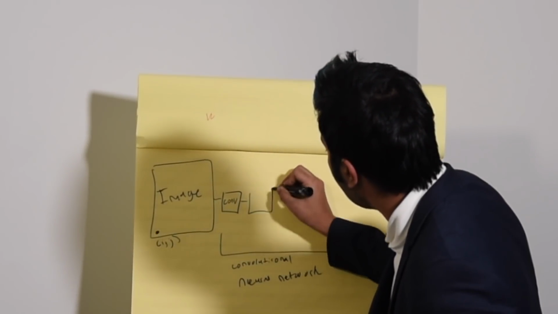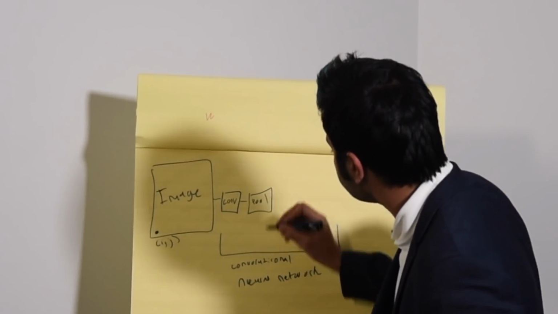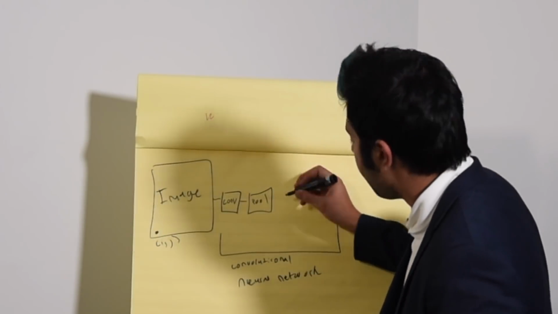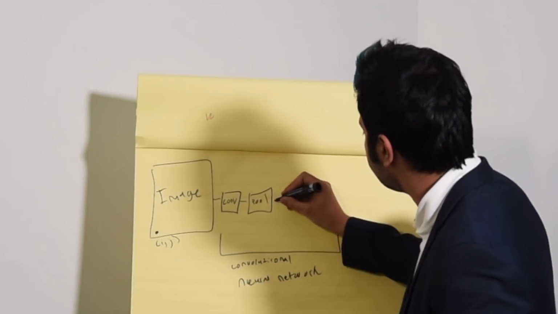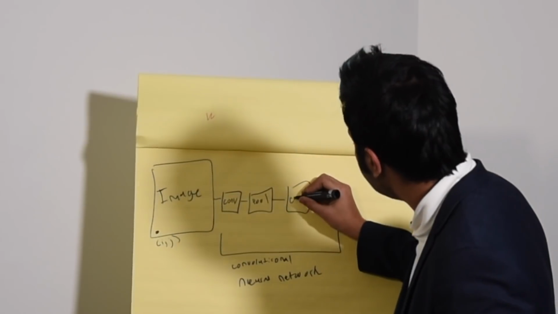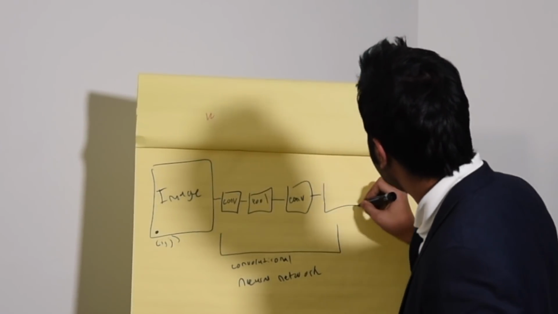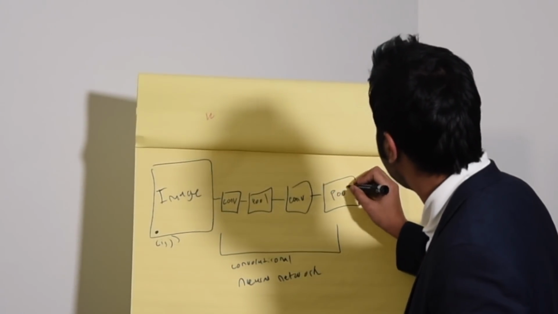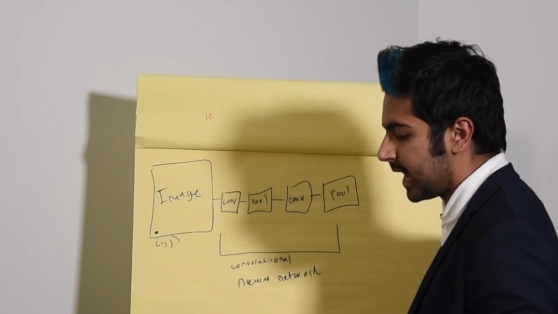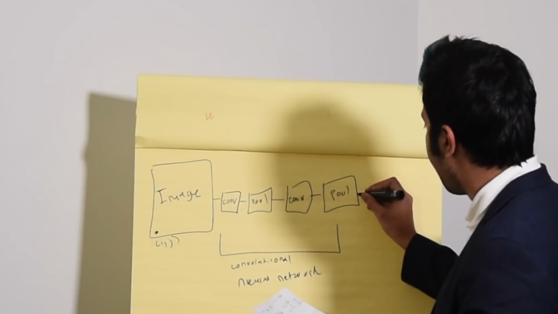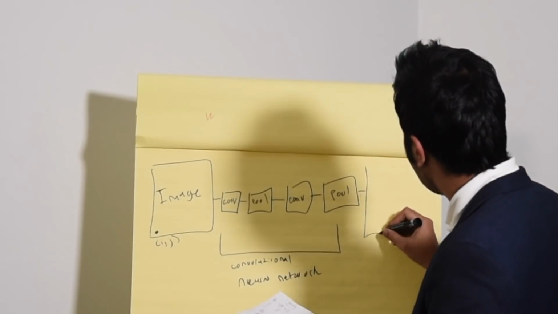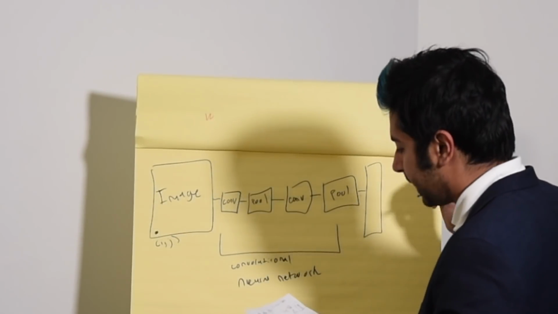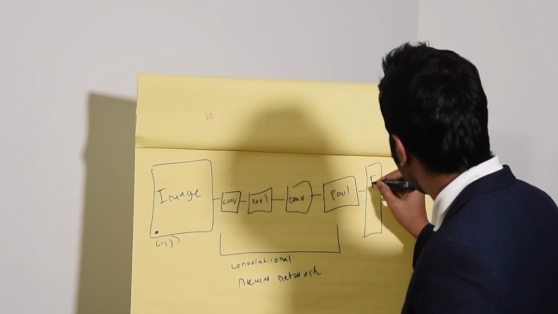We have our pooling operation, and then we just repeat over and over again. So we'll do it again. Conv, pooling, conv, pooling. So let's just say 2 layers of that for us in this case. So convolution pooling, and then we have our final layer, which is our classification layer. So we'll say our fully connected layer.